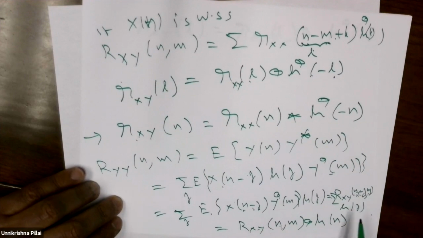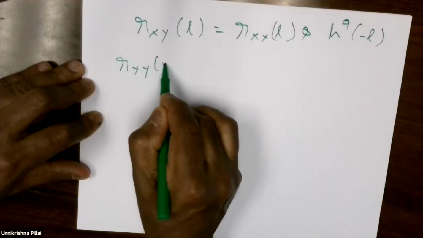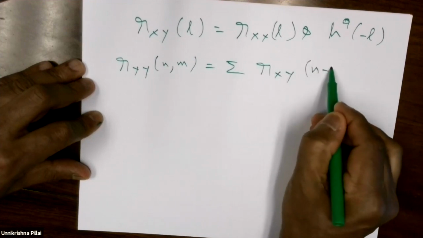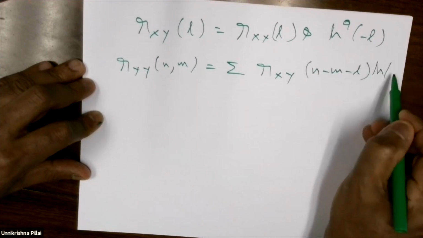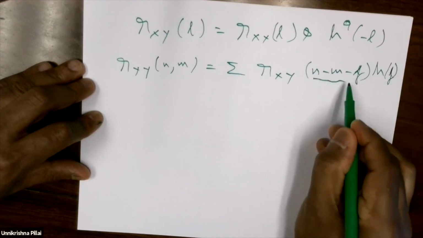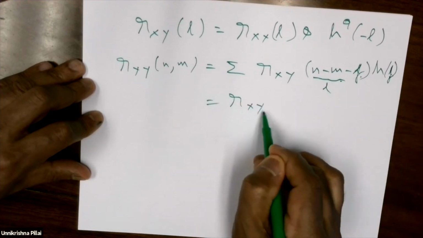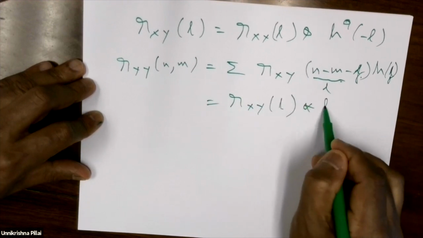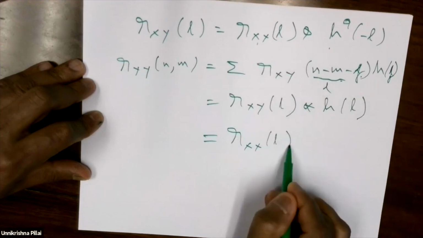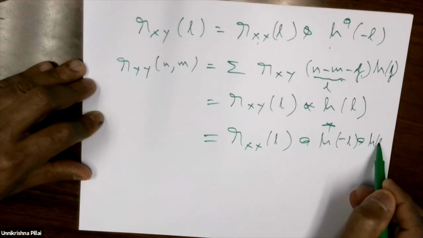N minus m is L. So Ryy n comma m becomes a summation of Rxy n minus m minus j, but n minus m I'm going to call L. So this is L minus j. That's just the convolution of RxyL convolved with hL. But RxyL is here, RxxL convolved with h star of minus L convolved with h of L.